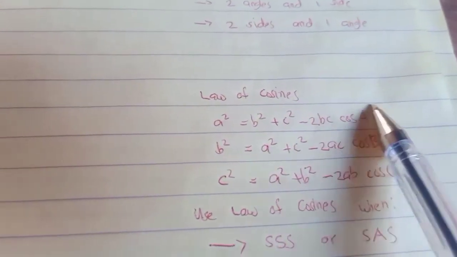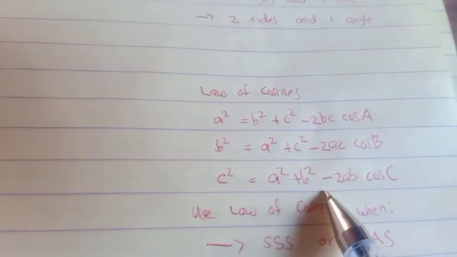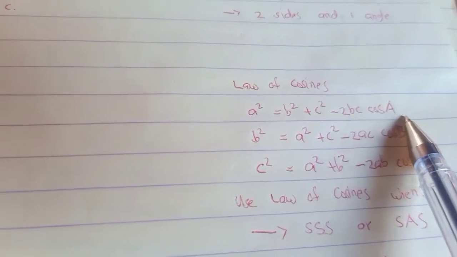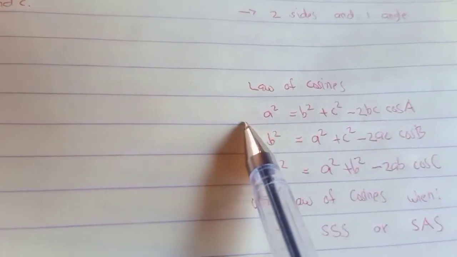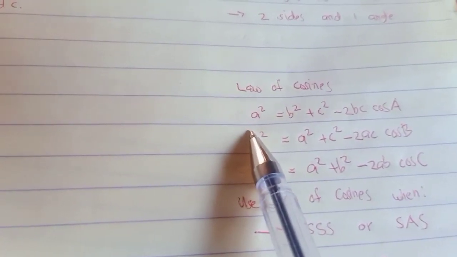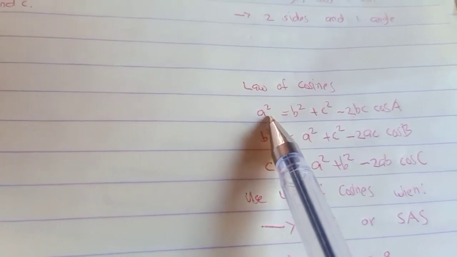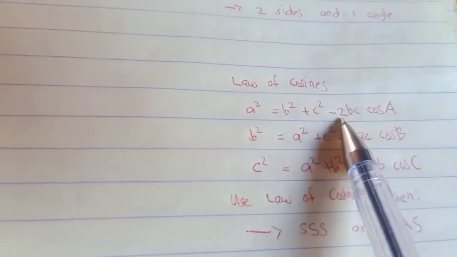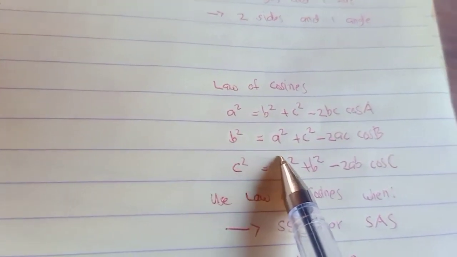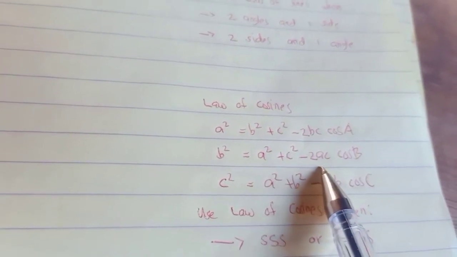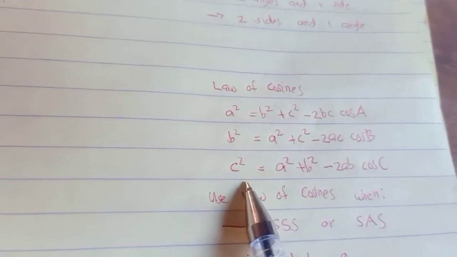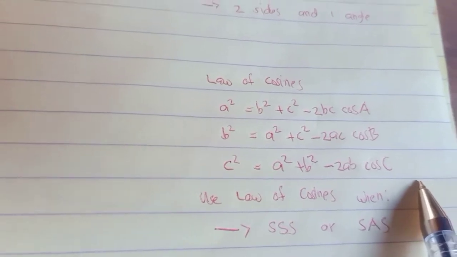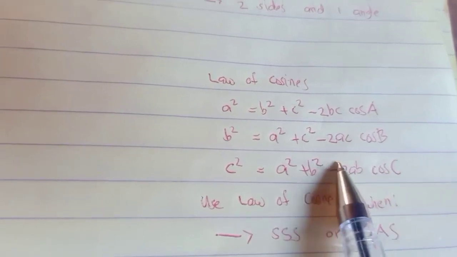The formula is you just have to select any of these, depending on which angle you are going to find. The formulas here are a squared is equal to b squared plus c squared minus 2bc cosine A, and b squared equals a squared plus c squared minus 2ac cosine B, and c squared is equal to a squared plus b squared minus 2ab cosine C. So when can you use the law of cosines?